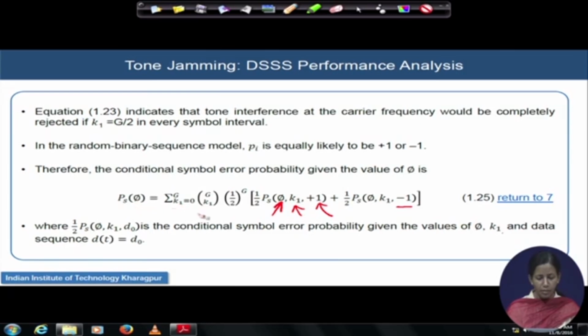So, the conditional symbol error probability will be the combination of both conditions, half of the time governed by plus 1 transmission and half of the time by minus 1 transmission. We can compute each of their values and then take the combined effect of both situations to compute this PS phi.